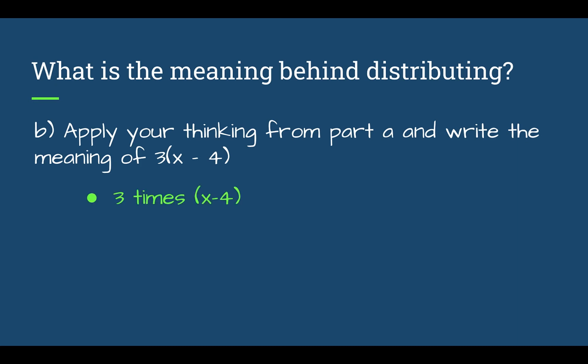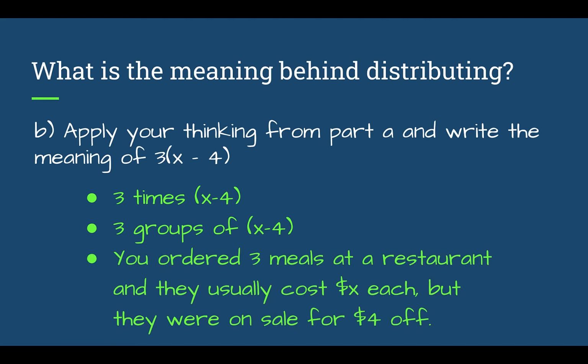So using my same order as before, I'm going to say 3 times x minus 4, or 3 groups of x minus 4. Or you ordered 3 meals at a restaurant and they usually cost x dollars, but they were on sale for $4 off. Now, we're going to focus on the second one, 3 groups of x minus 4.